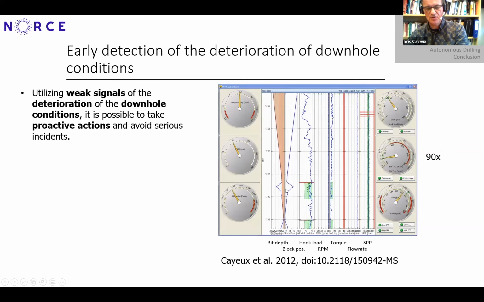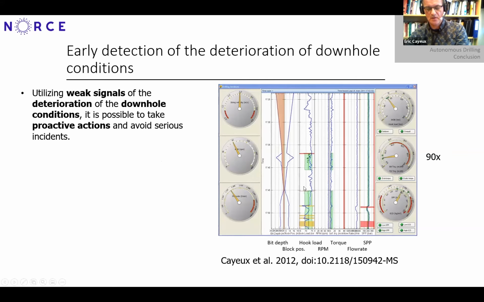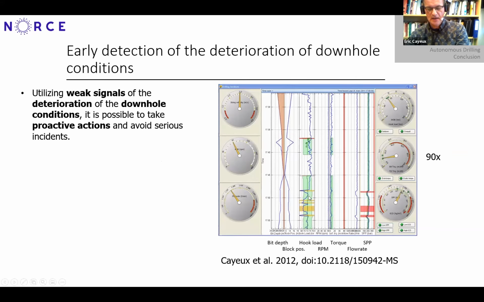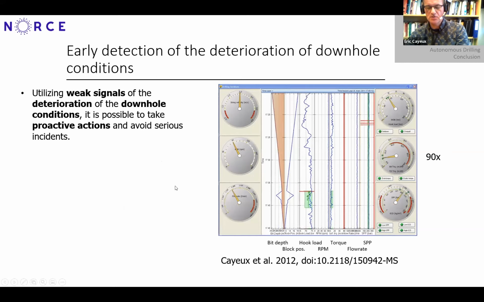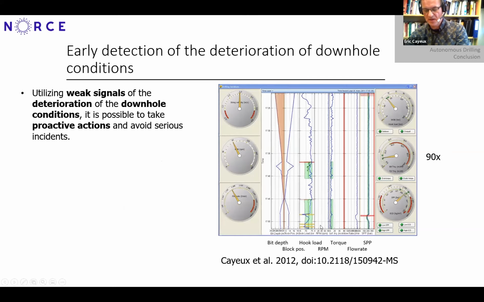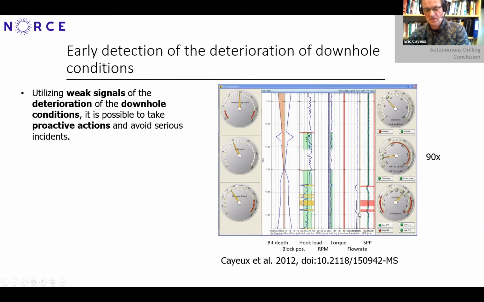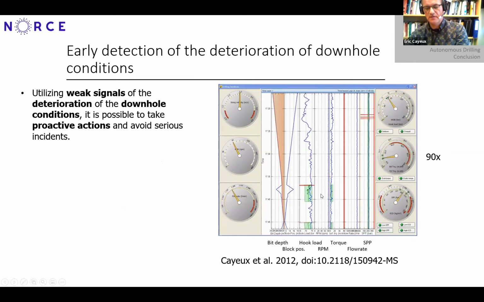And this particular situation is summed up with this animation. That's one operation I was attending. I looked at all the information that I mentioned earlier, and I could say 6 hours before the big incident, which would happen in a few moments, that there was very poor cuttings transport.